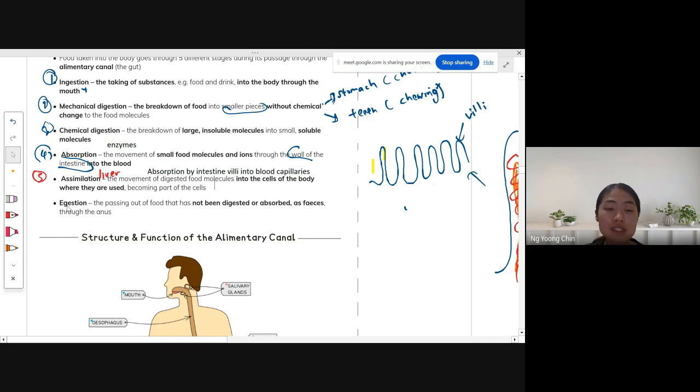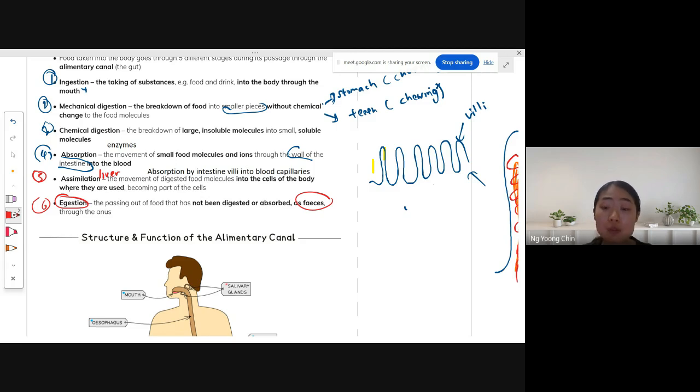Okay, so after that, when some of the waste products were not absorbed along the process, they will be excreted out in the form of feces. This is known as egestion. Egestion means removal of waste products in the form of feces only. Egestion is different from excretion, I told you before, right?